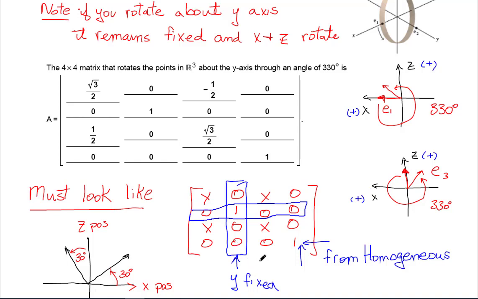Now the rotation seems straightforward enough. The problem is the positives and negatives. So let's take a look at this. If we're looking down the y-axis toward the origin, we are rotating in that direction. All right, now why is it in this direction? I thought we were going clockwise.